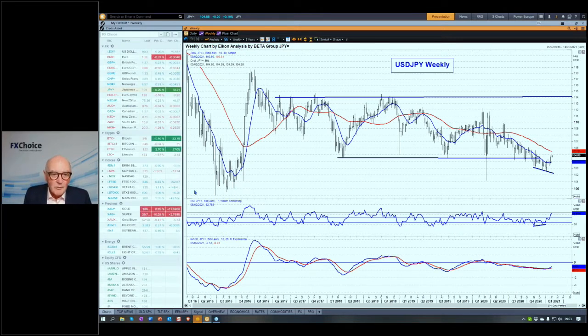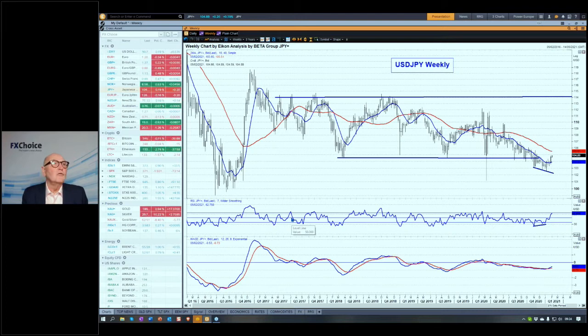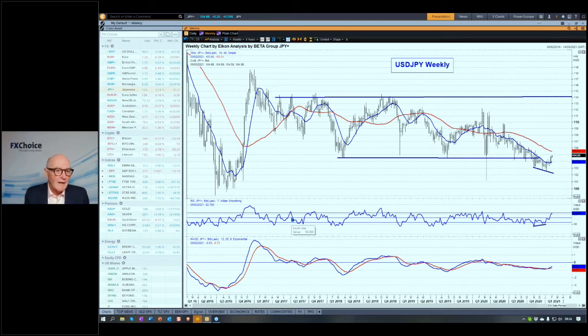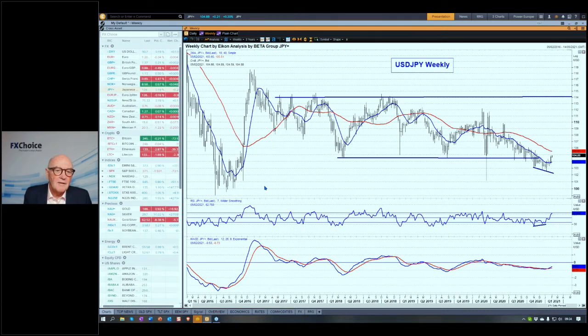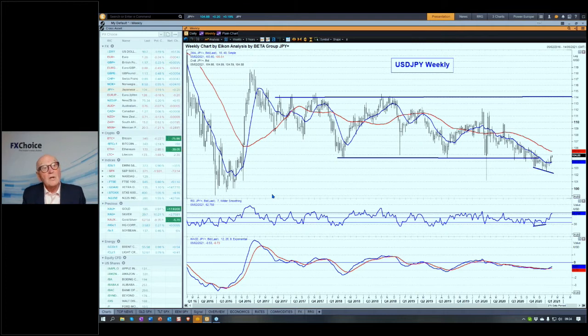So that might require a monthly chart, but I just tend to use the weekly chart to bring in lots of data, and it doesn't matter that it's squashed up. I'm not using it for my trading. I don't need all the detail and fidelity in it. So monthly would also be good, but I get the same message from looking at lots of weeks in the weekly chart. So I just stick with that.